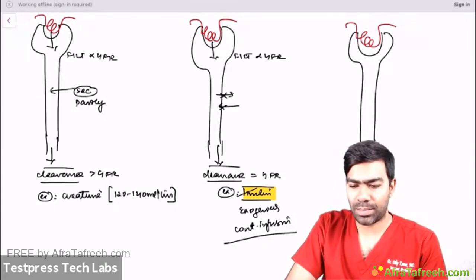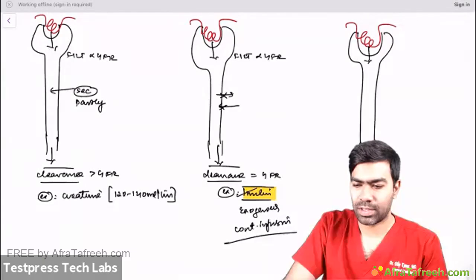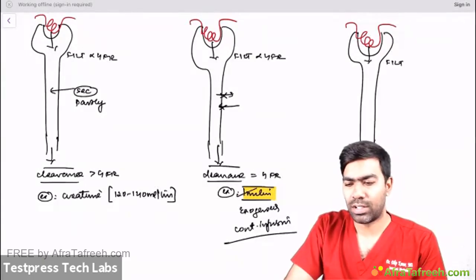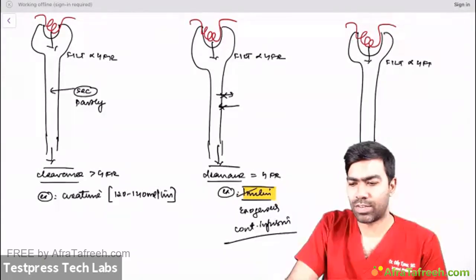But consider a substance that's getting filtered, proportional to GFR, we know that.